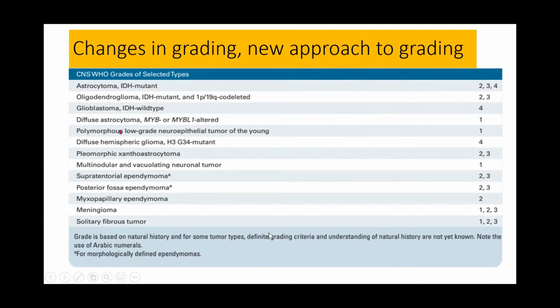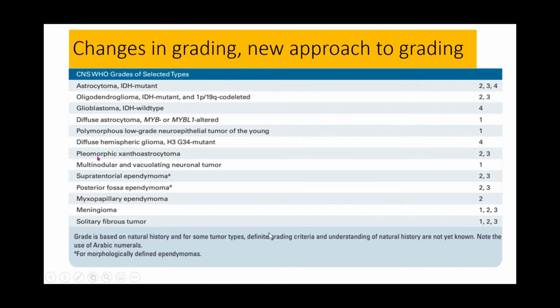Amongst the diffuse astrocytomas, especially in children, you need to look at MYB and MYBL1 alteration, which is WHO grade 1. Polymorphous low-grade neuroepithelial tumor of the young is again a grade 1 tumor. Amongst the high-grade pediatric tumors, the diffuse hemispheric glioma H3 G34 mutant is WHO grade 4.